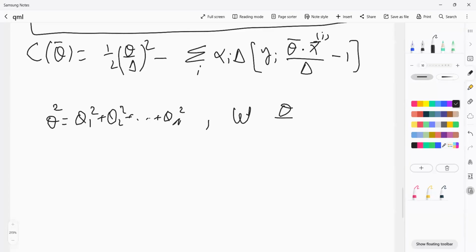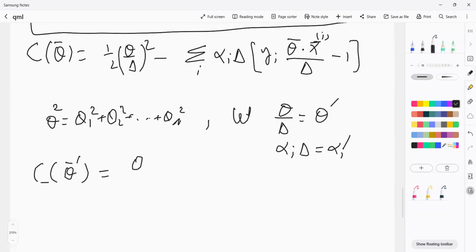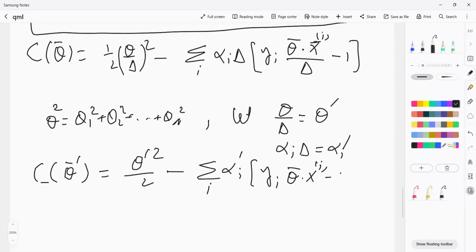So let's make a little bit of a substitution. Let's say this theta over delta is some theta prime, and let's call this lambda over delta some alpha prime. So this cost function essentially becomes cost function of theta prime. So this is like theta prime square over 2 minus the sum over i of alpha i prime yi times theta dot xi minus 1.